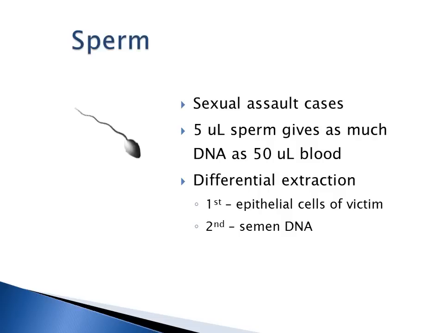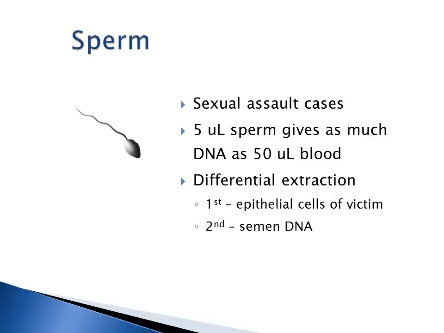Sperm is a great source of nucleic acids for molecular-based testing. This is usually used for sexual assault or rape cases, and only 5 microliters of sperm gives you enough DNA. It's the equivalent amount of DNA to 50 microliters of blood. Now, the issue with a sperm analysis, especially in a rape case, is that you have to perform differential extraction.